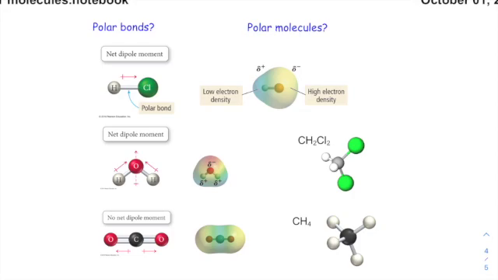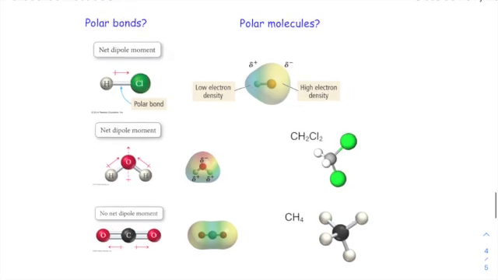So here are just some examples of polar and nonpolar molecules. To figure out whether things are polar or not, one of the things we're going to look at is the dipole moment of the bond, but then we also look at the molecule.